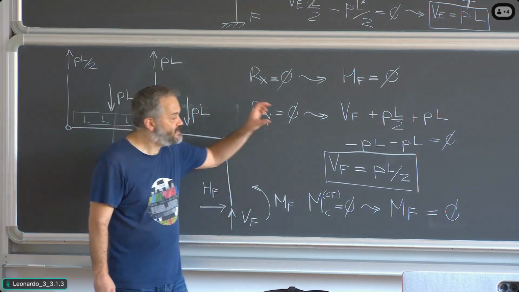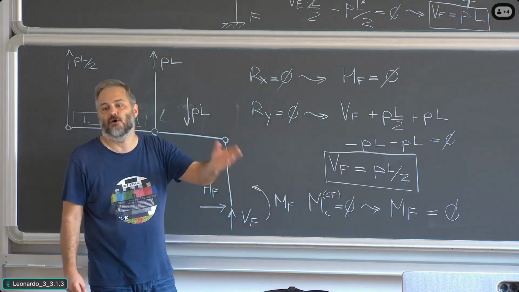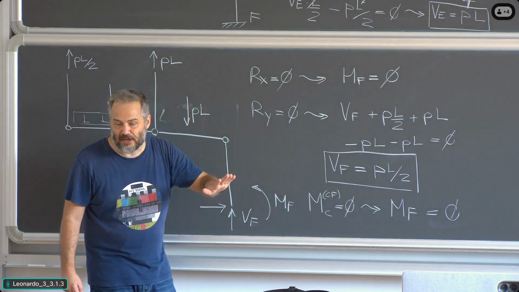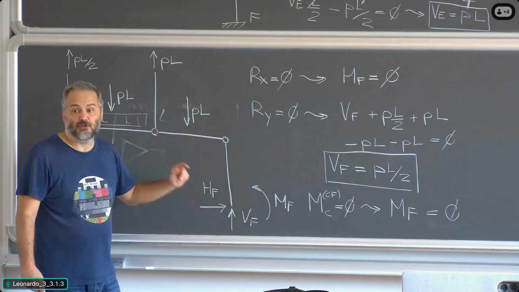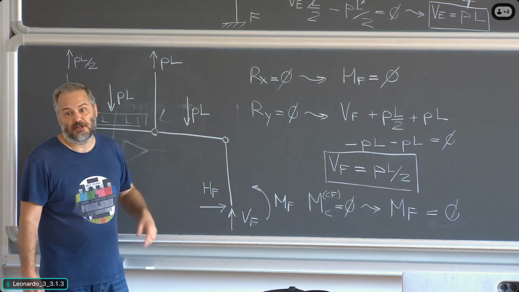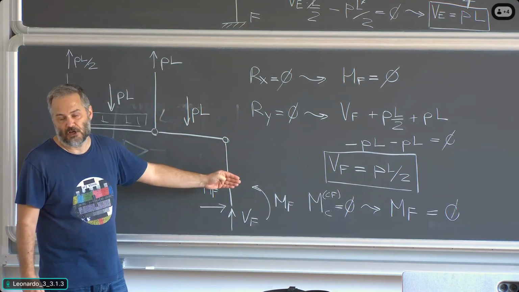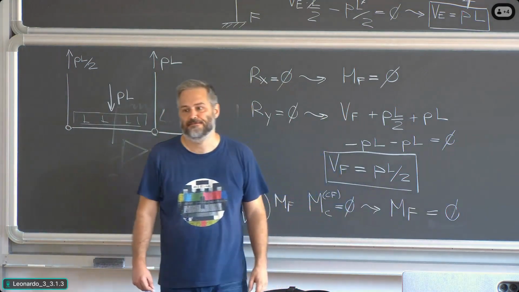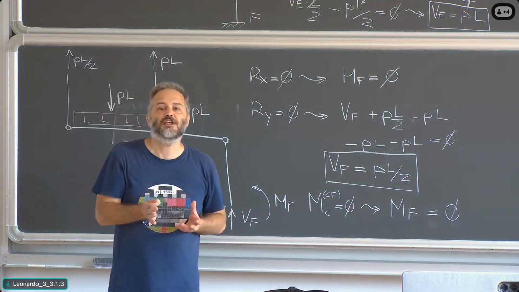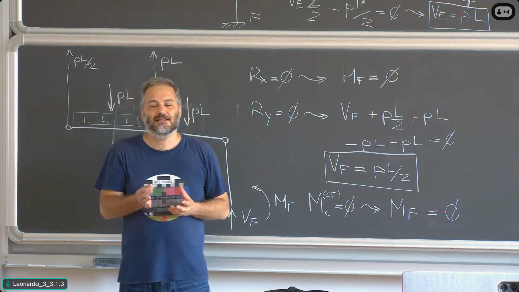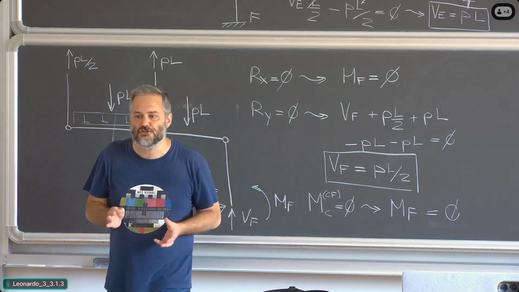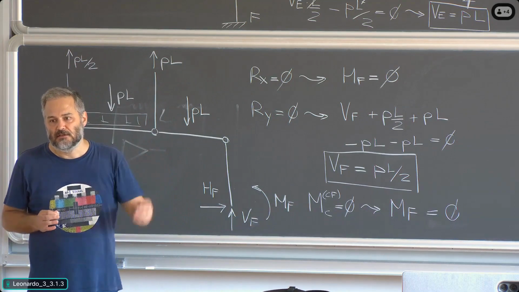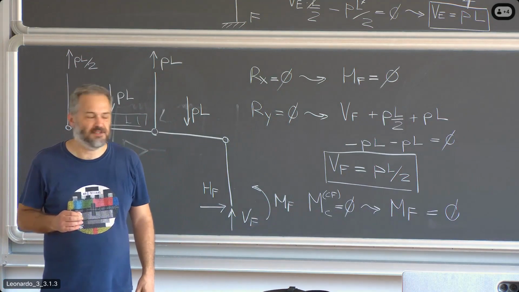MF is taken as such, it has no lever arm, it is already a moment. You do not need to multiply it by anything. In order for this member to be in equilibrium, there is no other possibility than for MF to be 0, because it's the only term left in the equation. So MF equal to 0 is what we get. And the explanation for this, if you want, is a statically determinate structure with a certain geometry, only vertical loads applied, no need for the bending moment to be different from 0.